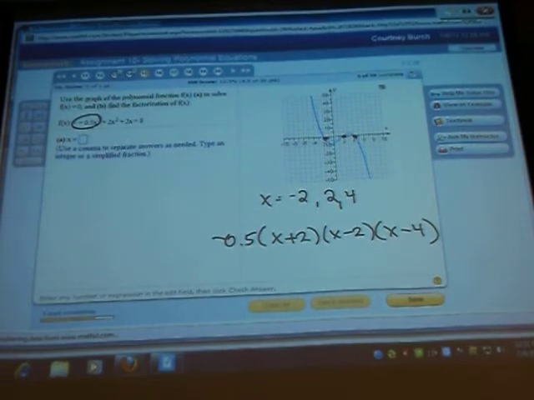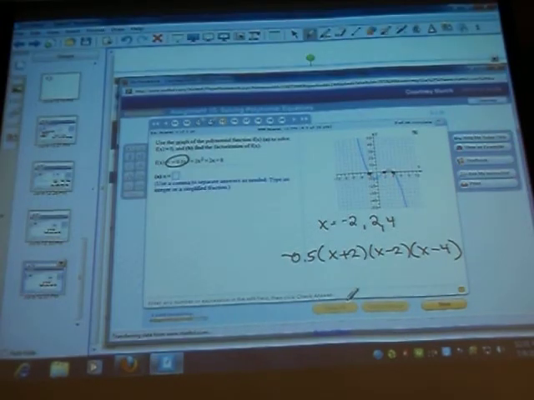Alright, we need to move on here, so let's talk about synthetic division. Now this sounds kind of weird, but it's actually not too bad.